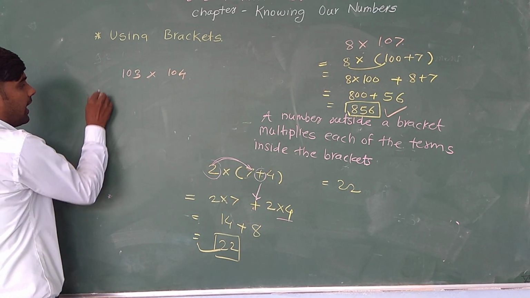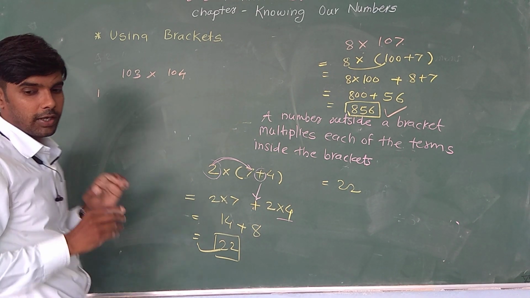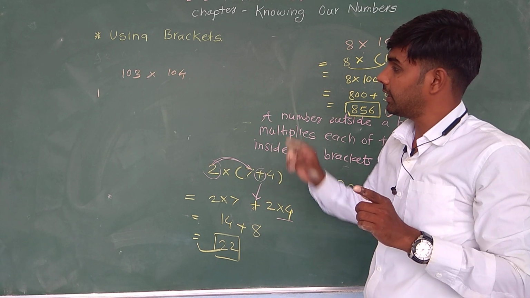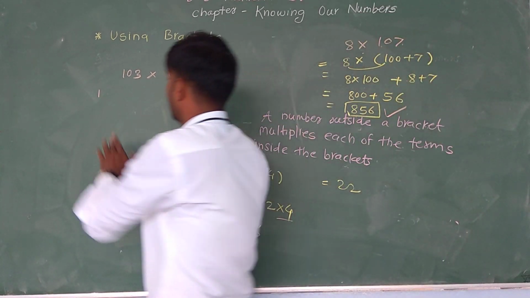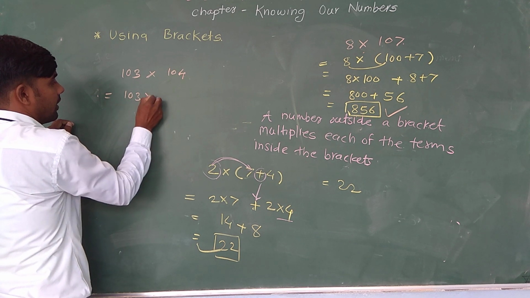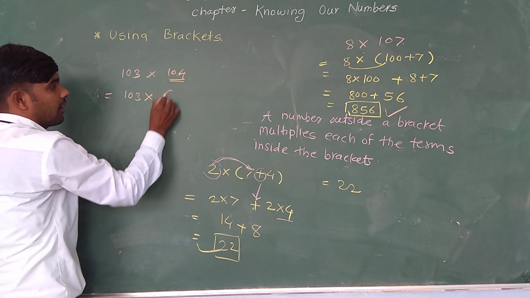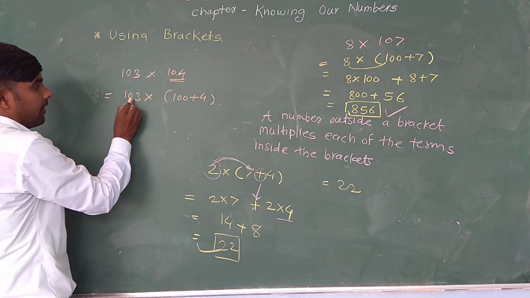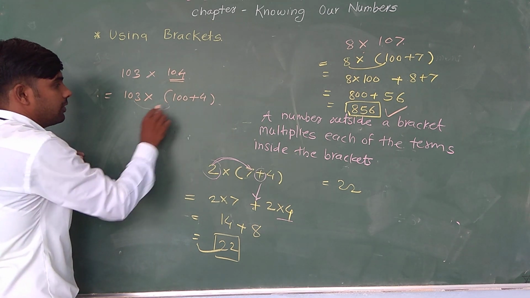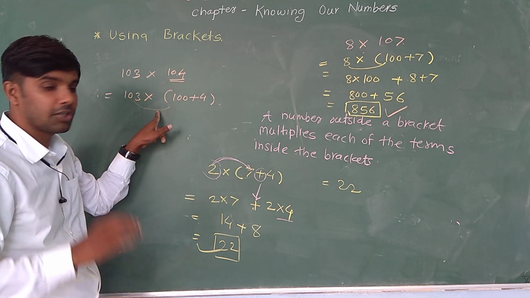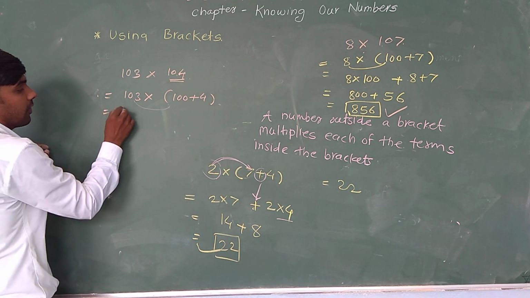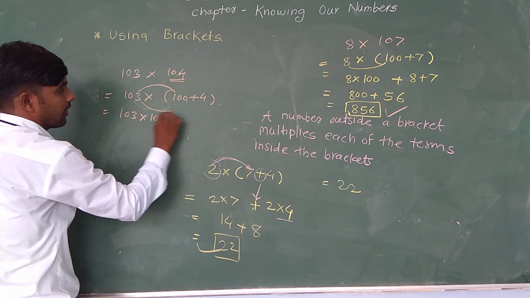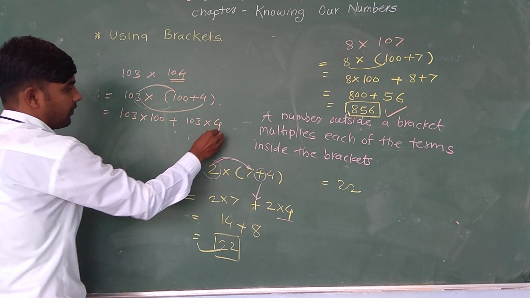For 104 we write 100 plus 4. So 103 multiplied by (100 plus 4). Again we use which law? Distributive law. So 103 multiplied by 100, plus as it is, again 103 multiplied by 4.